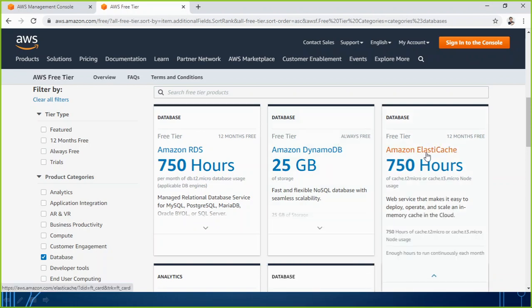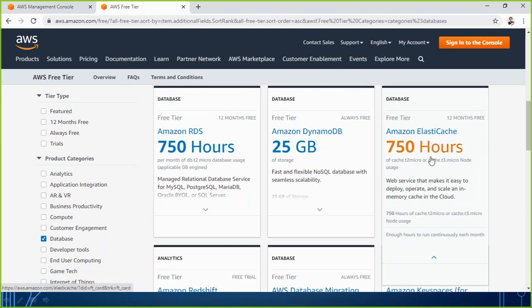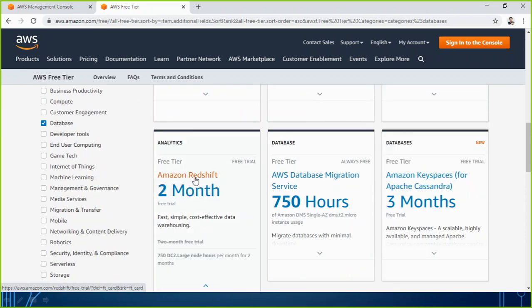Then we have Amazon ElastiCache, that's 750 hours of cache for a micro instance if you have created one, free for 12 months. We have Amazon Redshift, which we talked about in the last session, that allows you to have a very big storage. So fast, simple, cost-effective data warehousing, it is there. You will be getting a free trial here, because this is a newer service.